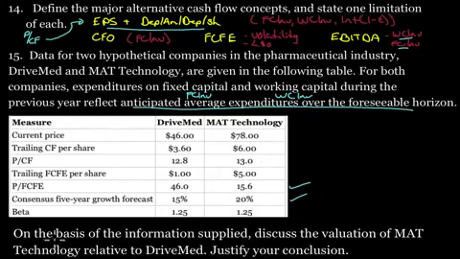So what are we being asked? On the basis of the information supplied, discuss the valuation of MAT Technology relative to DriveMed. Justify your conclusion. I think we just did that. Advantage MAT on both price to free cash flow to equity and on the growth rate. MAT appears to be undervalued relative to DriveMed. Another way of saying it is DriveMed appears to be overvalued relative to MAT.